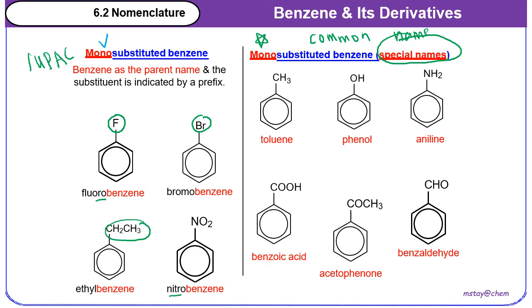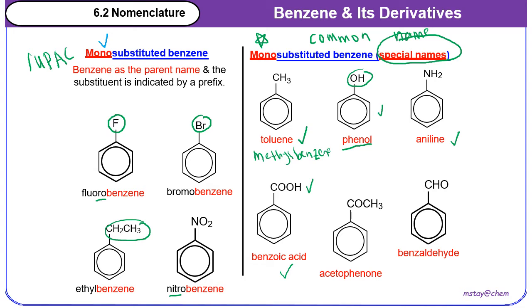If a benzene ring is attached to a methyl, the IUPAC name is methylbenzene, but at the same time, we can also call it toluene. If a hydroxyl group is attached directly to the benzene ring, we call the substance phenol. NH2 attached directly to the benzene ring is aniline. COOH attached directly to the benzene ring is called benzoic acid.